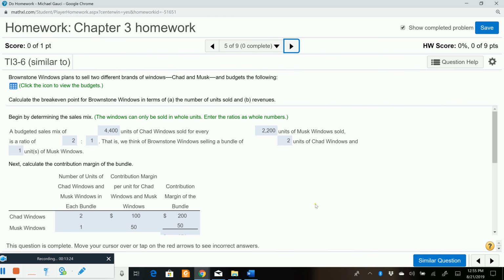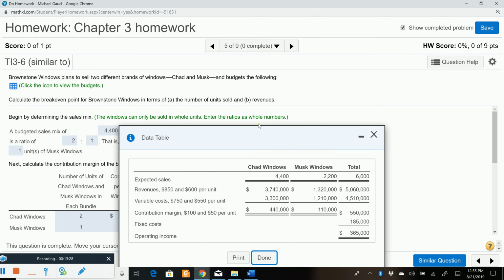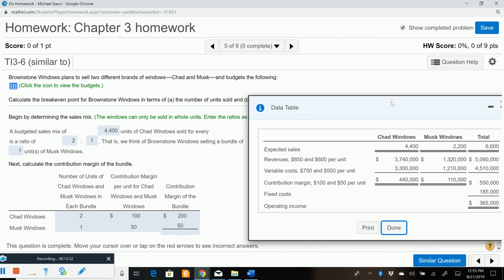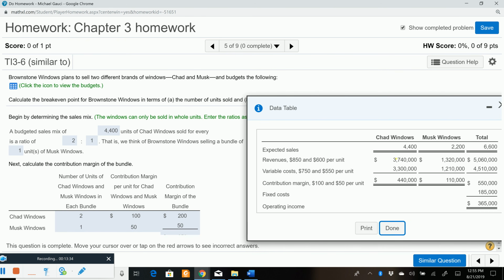So let's take a look, and I'm going to click on the icon here. And basically what this gives us is right now, our expected sales are 4,400 for our first product called Chad windows, and for Musk windows 2,200.